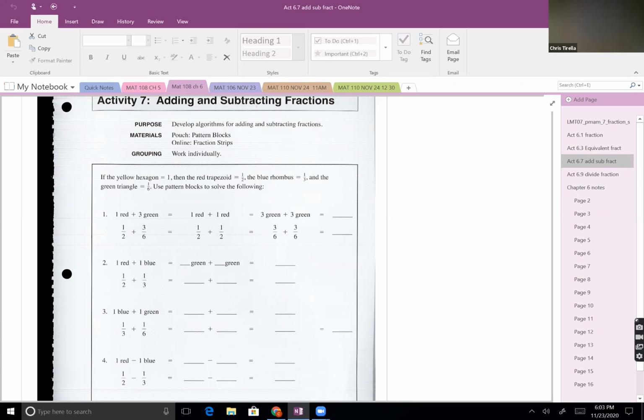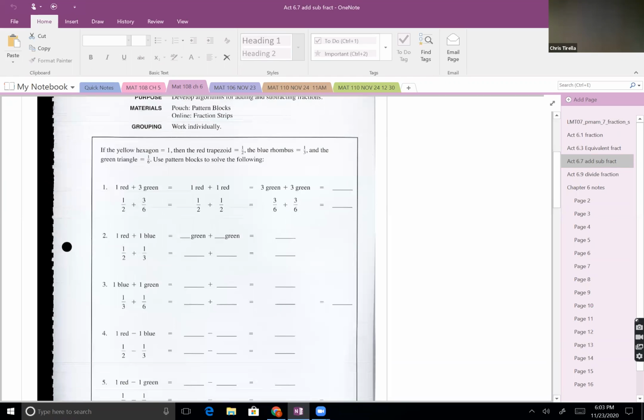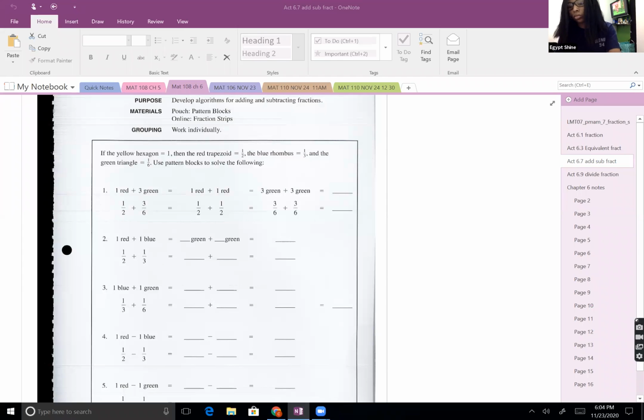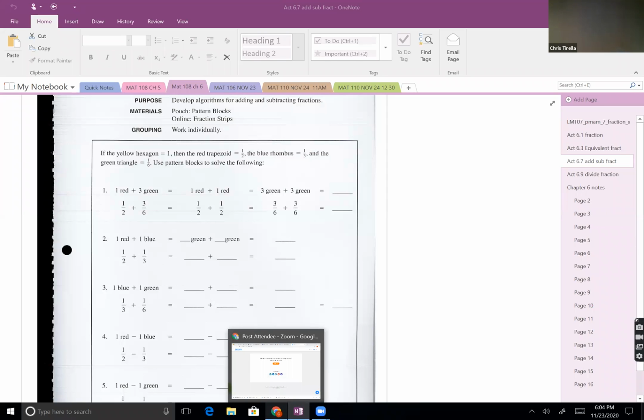And so in the first side of this sheet, they're saying that the yellow hexagon is the number 1.